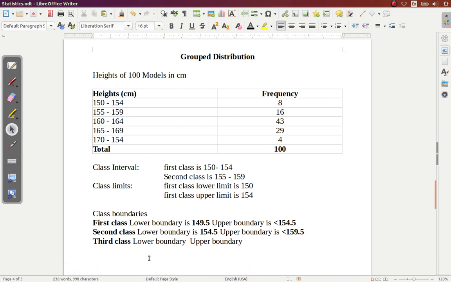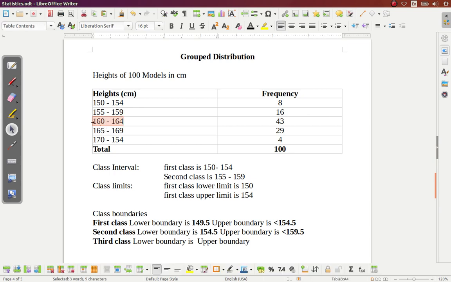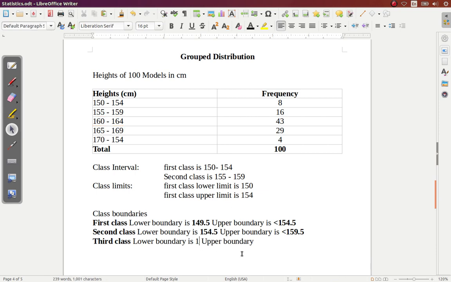For the third class, the lower boundary is here. The lower number is 160, but it could have been 159.5 and then you round it up to 160. So 159.5 it could have been before you round it off. What about the upper boundary?